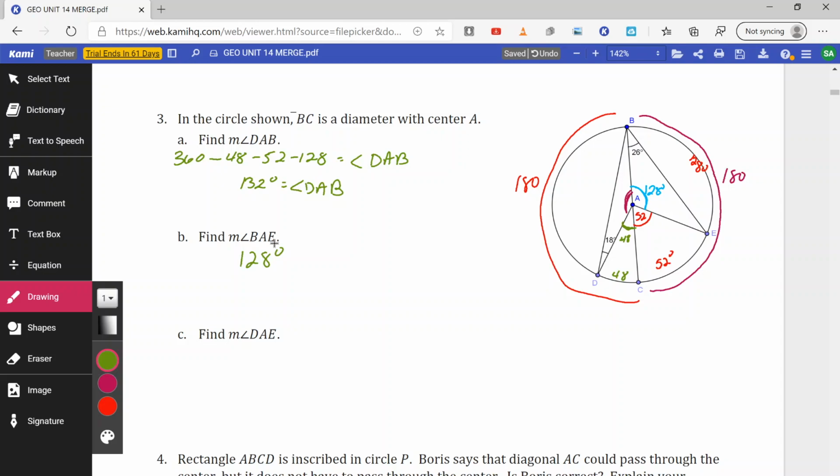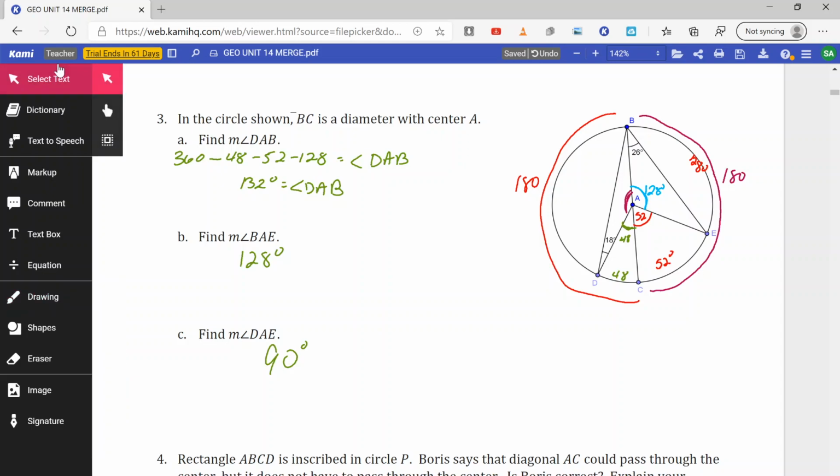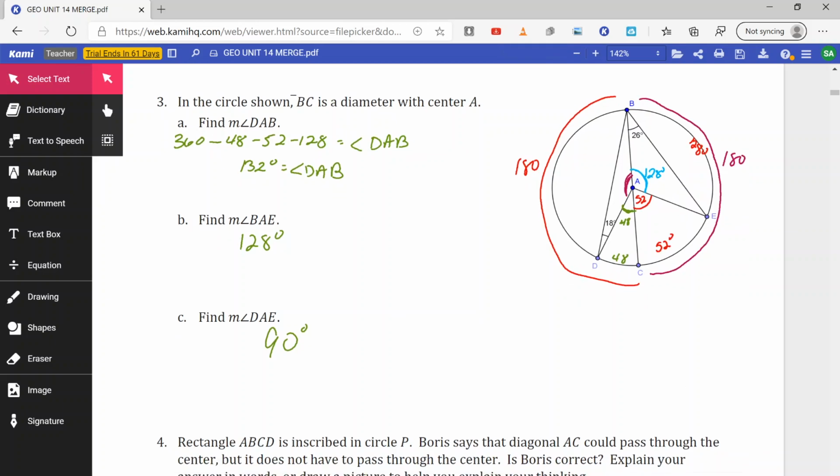Again, we already found the measure of it as well, being 90 degrees. So again, that was using pieces of what we know, the inscribed angle theorem, central angle theorem, inscribed angles, arcs, and all the different necessary theorems and geometric math to figure out the missing arcs and angles.